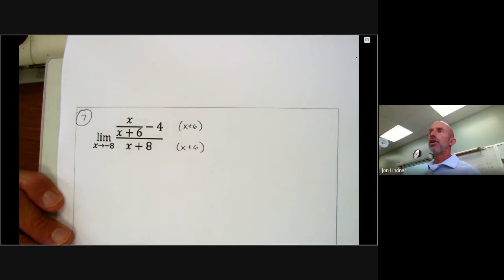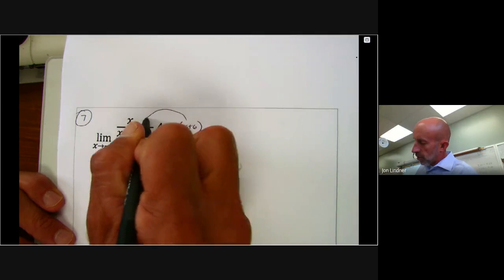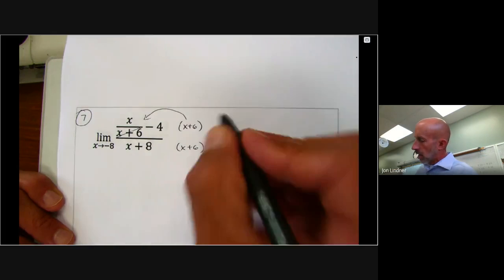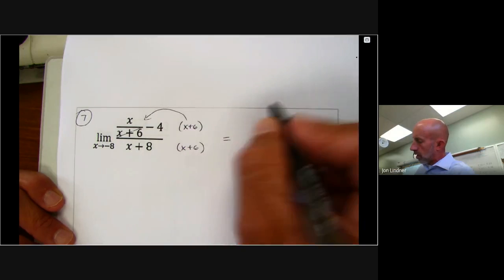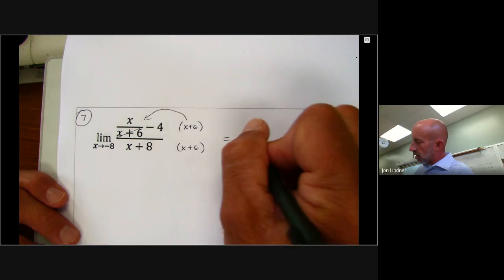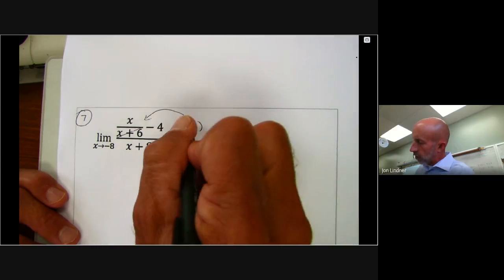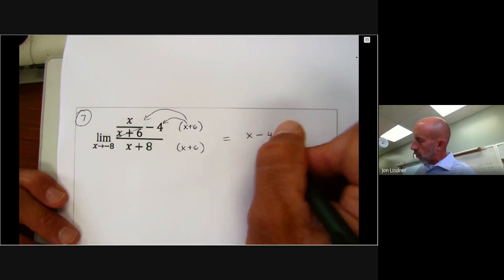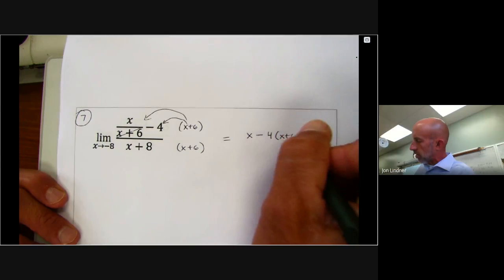What that will do is it will get rid of the complex fraction. When I do x plus 6 times this one, that goes away. And I'm going to be left with x minus, but I also have to distribute it to this 4, x minus 4 times x plus 6.